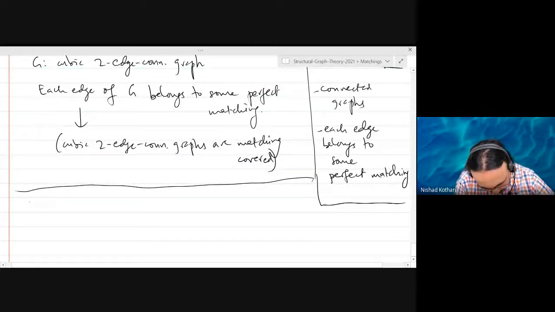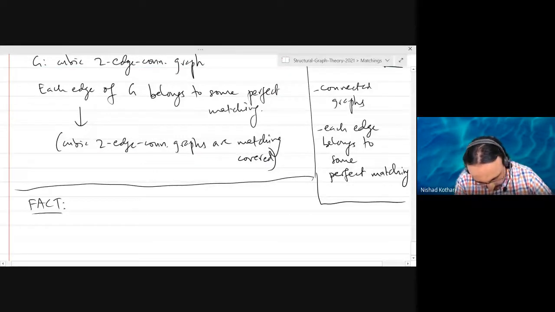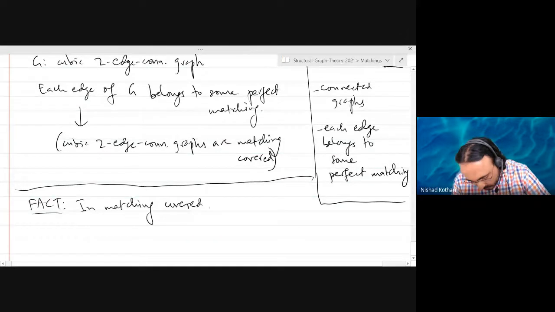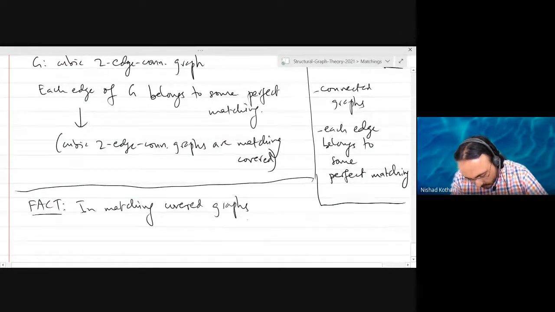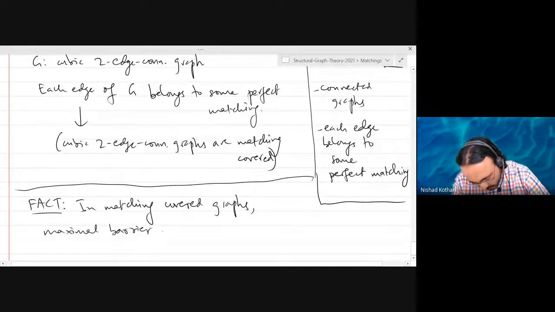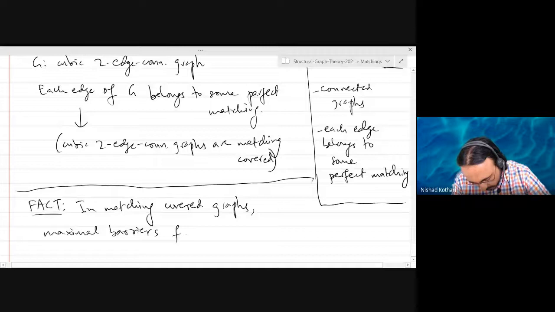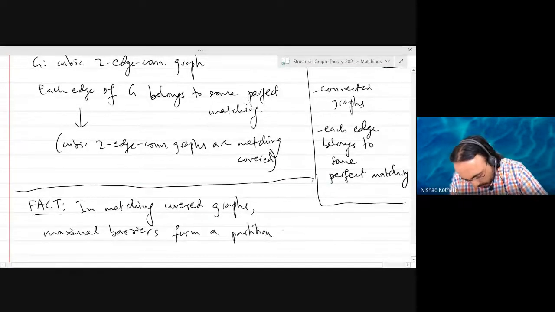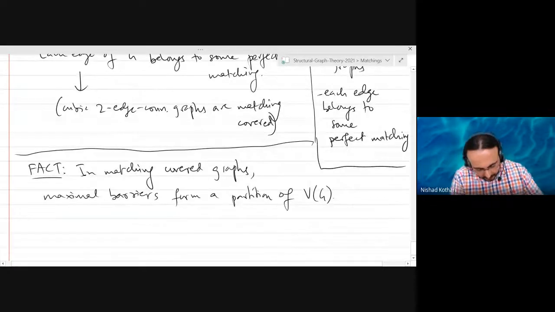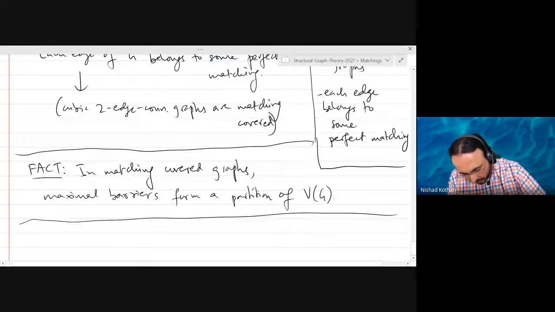This is a fact beyond this course: in matching covered graphs, the maximal barriers form a partition of the vertex set of the graph.